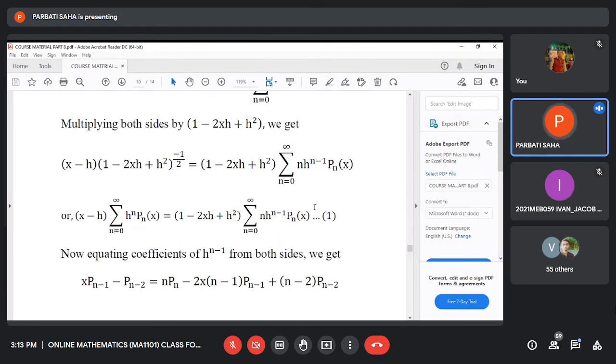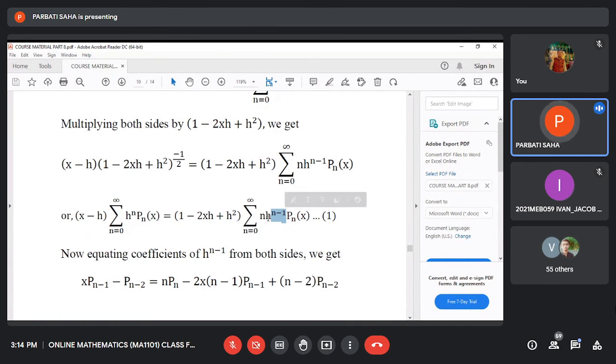And finally, to obtain again h squared into something, how to obtain h to the power n minus 1? It should be h squared into something that will make h to the power n minus 1. Then what will be this power? Actually, if n is replaced by n minus 2, then this power should become n minus 3.